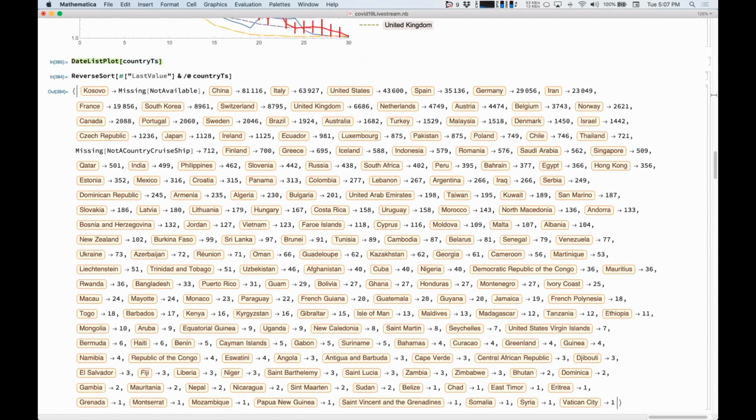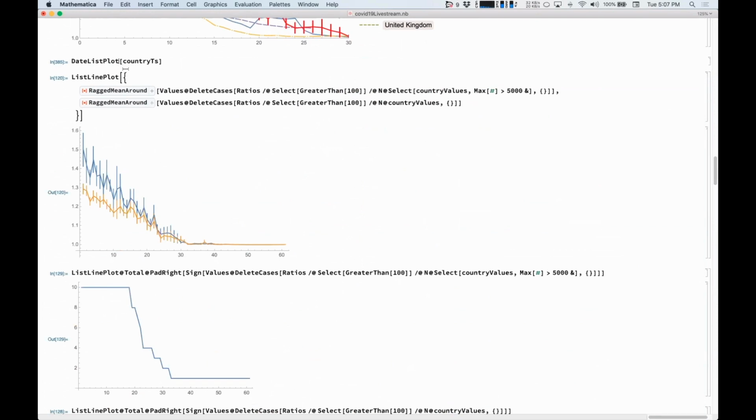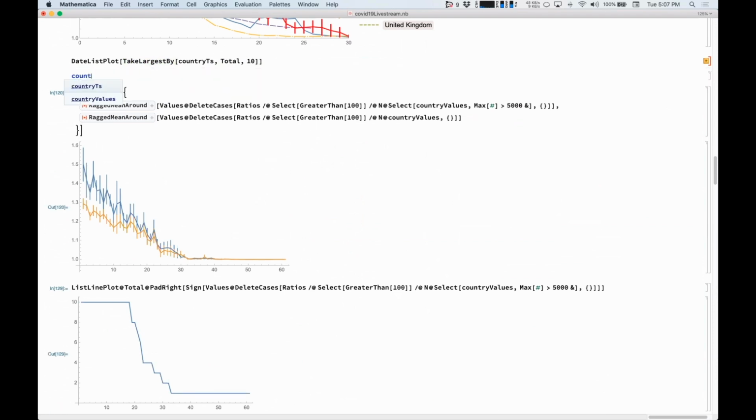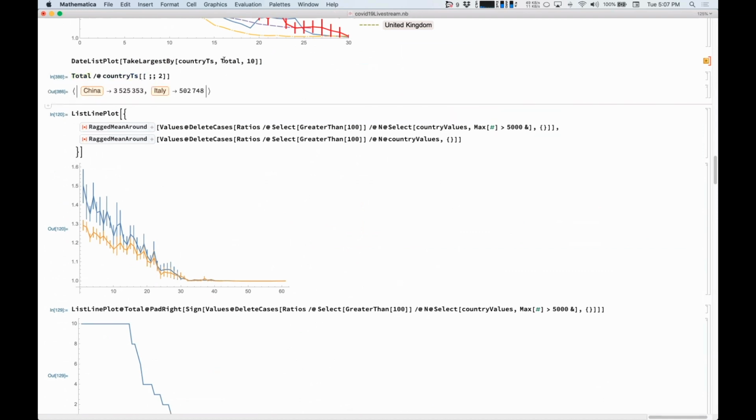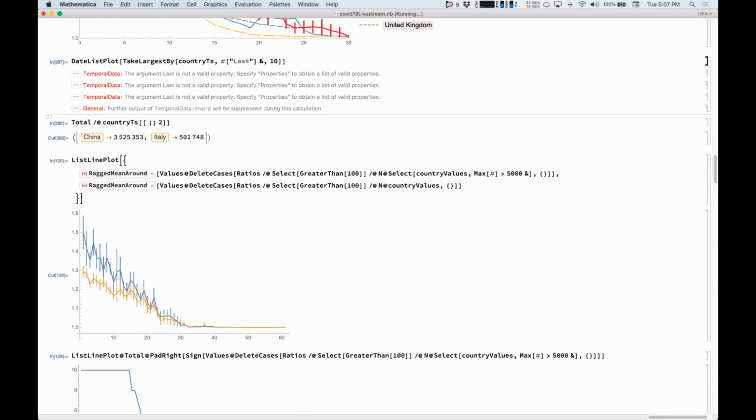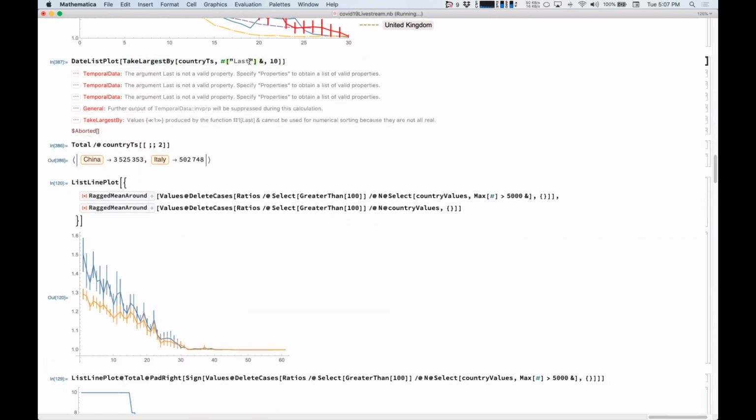It was slowing down my front end. Let's just try saying take largest by total. Does total work on a time series? Yeah, but we should actually do the last value. Last value. Yeah.